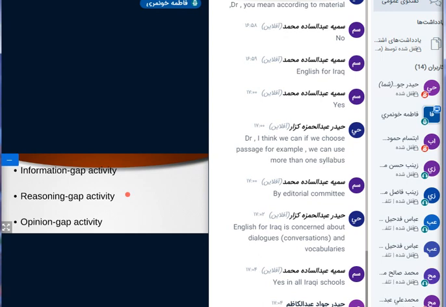And you give them a task, you say, okay, you plan to go and watch a movie together, and there is this movie that is going to be shown in this movie theater, so in order to make a decision about the timing, when would be the best time for you to go, you and your partner have to share some information with each other.